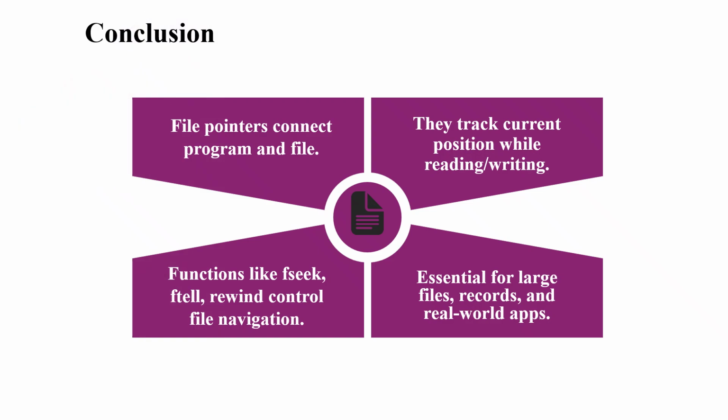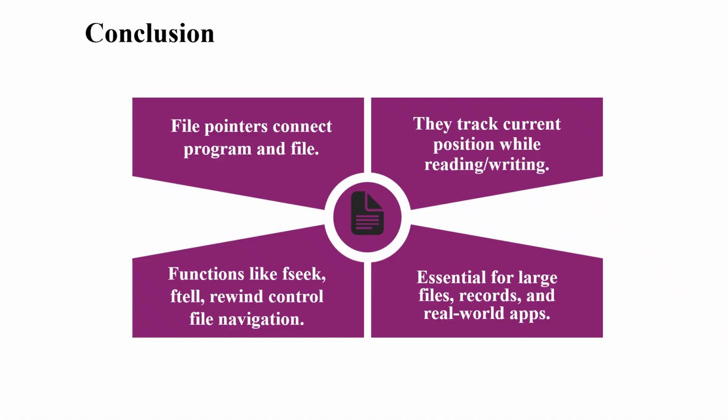Students, let's quickly wrap up everything we learned today about file pointers. First, remember that file pointers are the bridge between your files and program. Without them, you cannot open, read, or write anything. And the second thing is they keep track of your position while you read or write, just like a bookmark in a book or the cursor in a text editor.